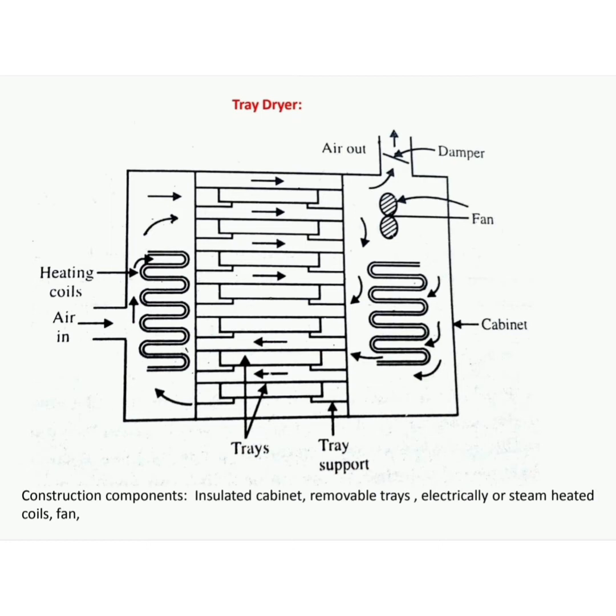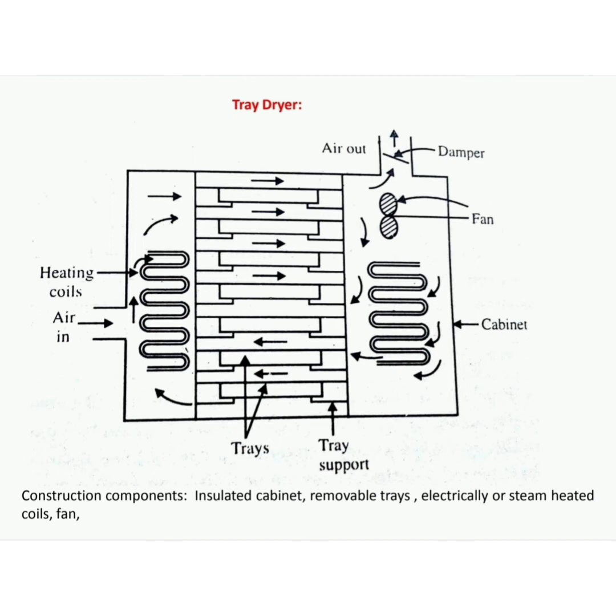The material to be dried is spread over the trays. The trays are put in the cabinet and then the cabinet is closed. The coils are heated and the fan is started. The air is thus circulated and comes in contact with the wet solid. The moisture from the wet solid is thus evaporated and gets added in the air.